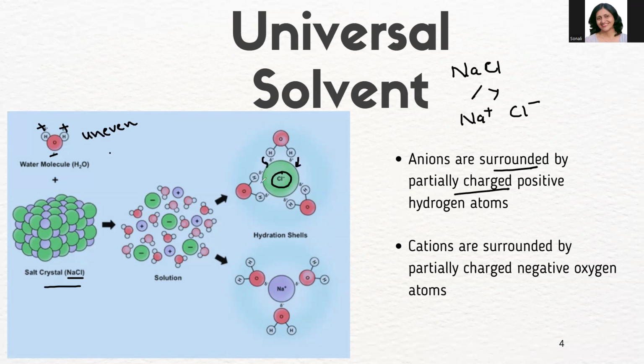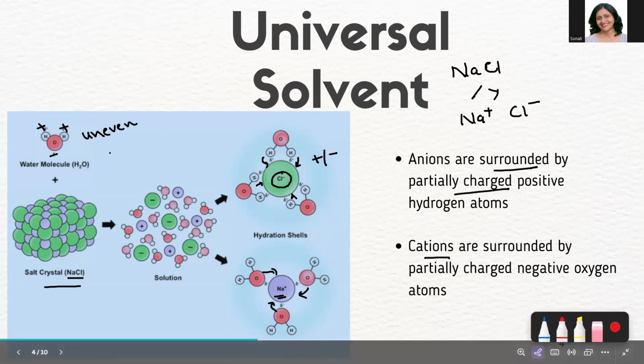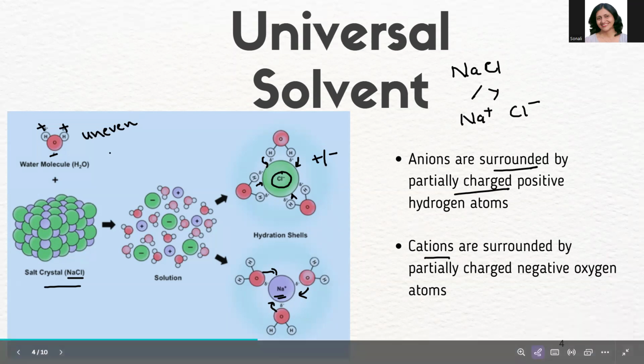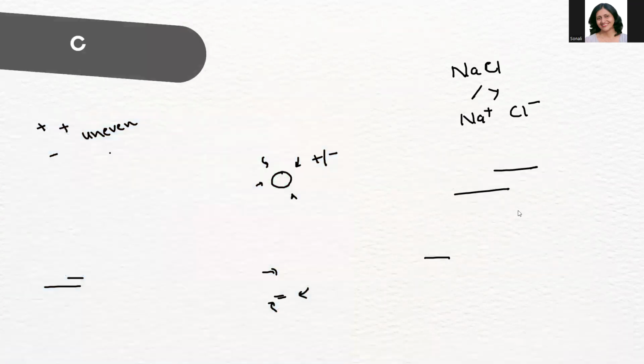All hydrogens will face towards the negative ion because positive and negative attract each other. On the contrary, the positive sodium cation is surrounded by all the oxygens. All the oxygens will face towards the sodium, making it more dissolvable. So a lot of compounds or molecules will get dissolved in water.